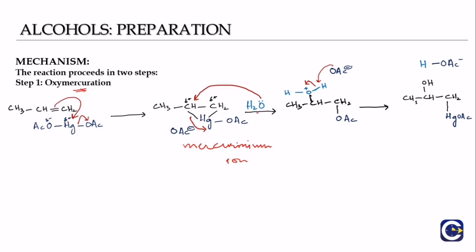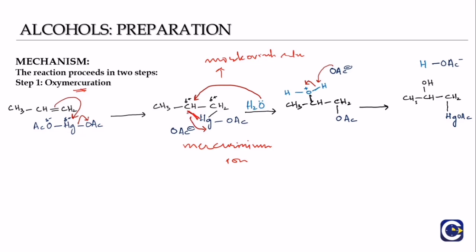So the attack of water, which acts as nucleophile, will be on the more substituted carbon. So we can say that this oxymercuration demercuration reaction follows Markovnikov's rule. There is the attack of water on this mercurinium ion, and as a result, one of the carbon-mercury bonds is broken.